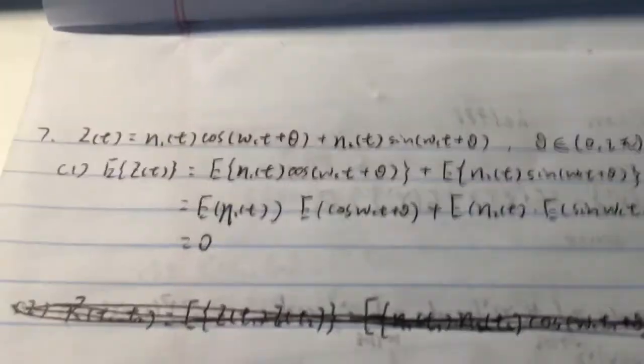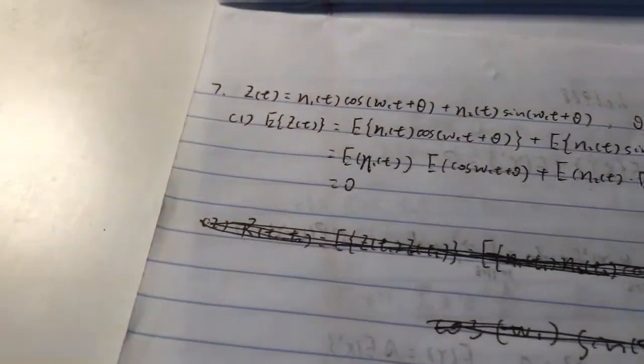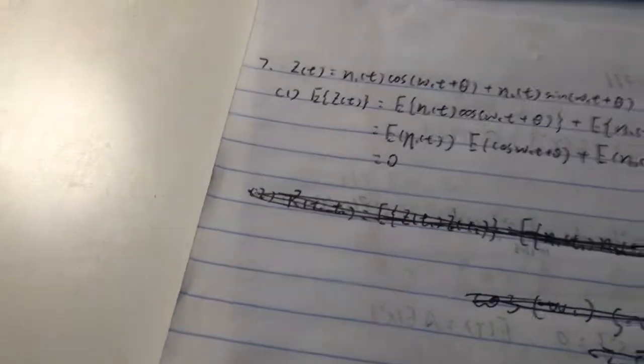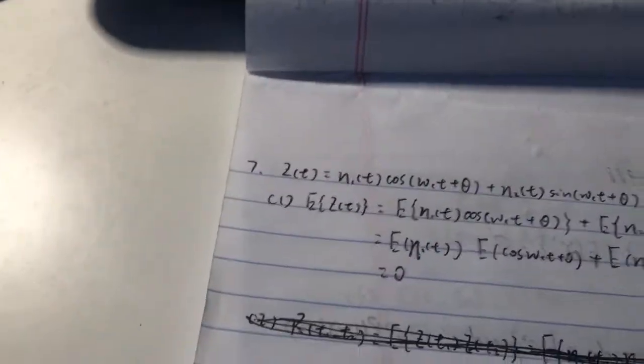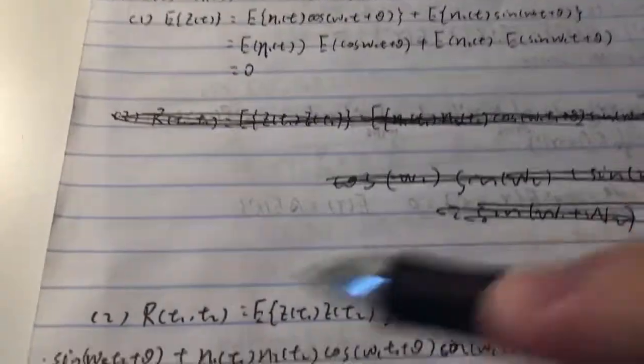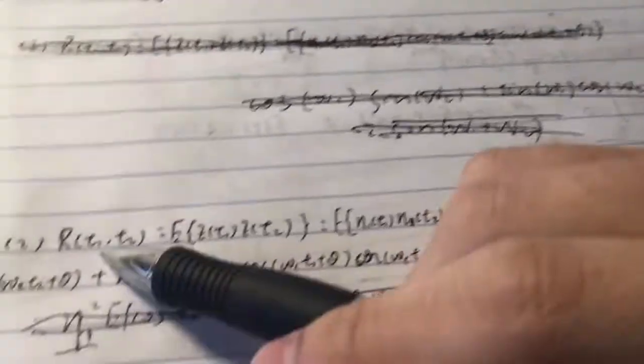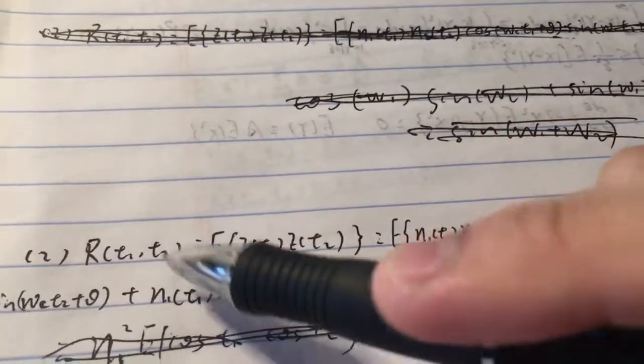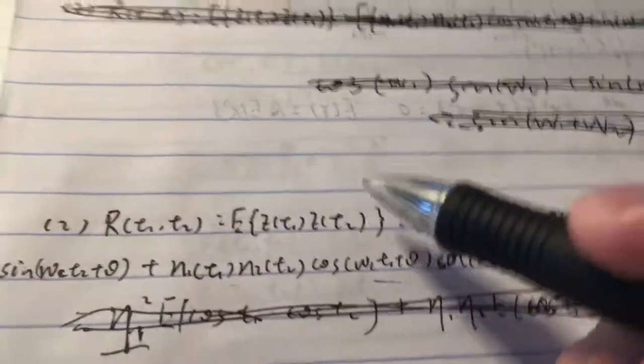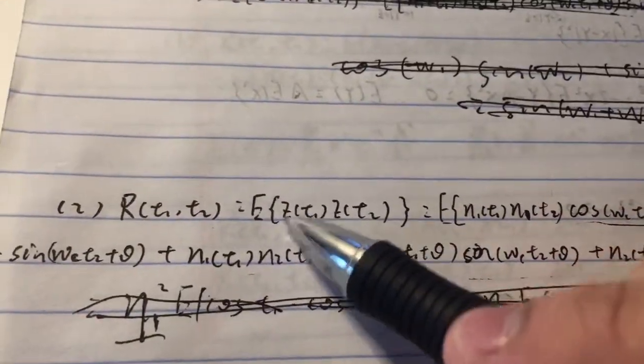And in the second question, we need to find the autocorrelation of z(t), the autocorrelation R(t1, t2). So we put the formula into this.